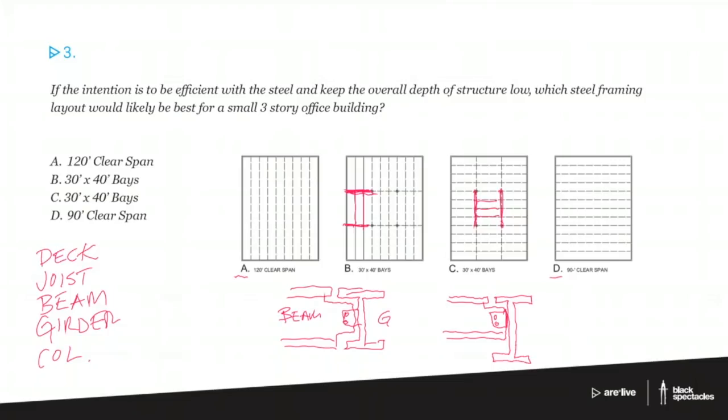So you're essentially making the beams deeper, and that's allowing the girders to be less deep.